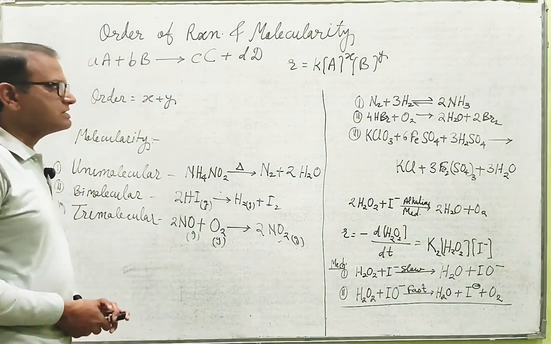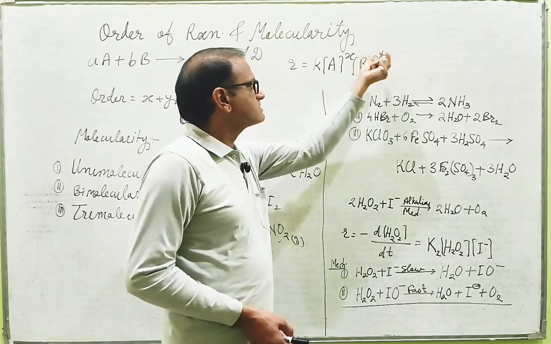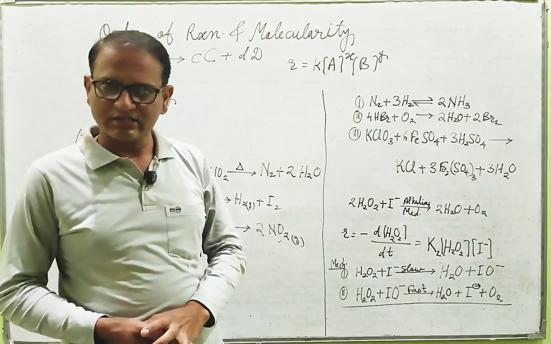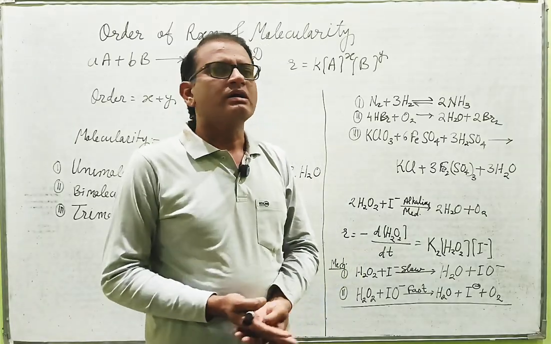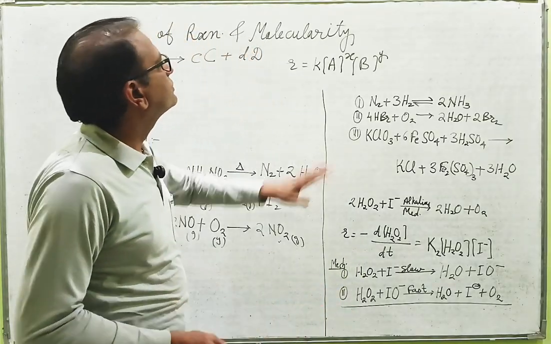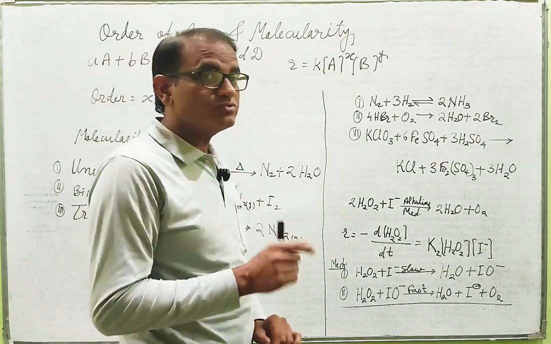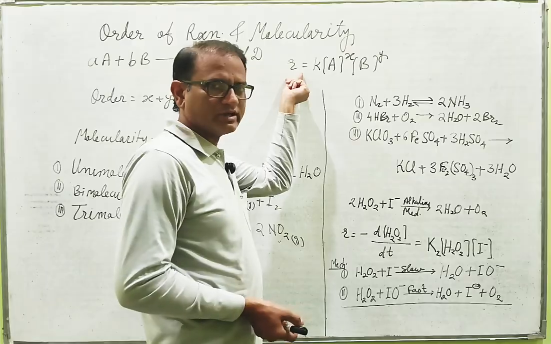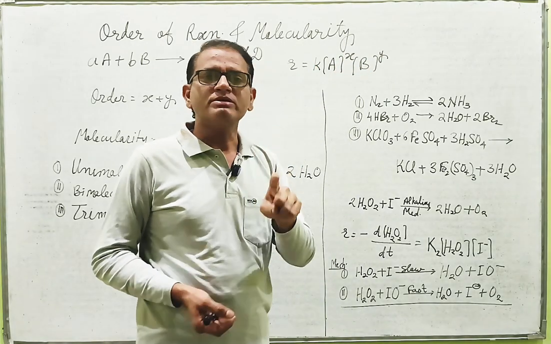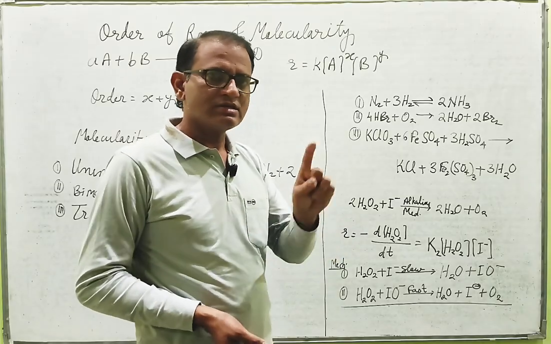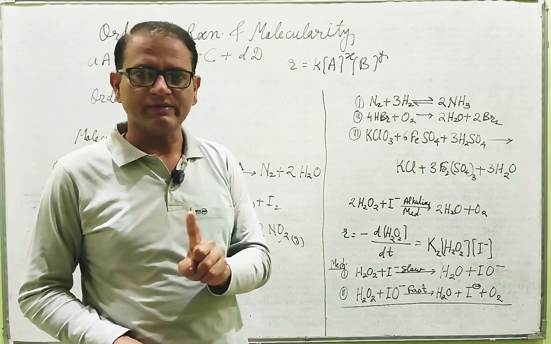So, in this rate law, the powers of the concentration terms x and y indicate how sensitive the rate of reaction is with respect to the concentration of A as well as B.